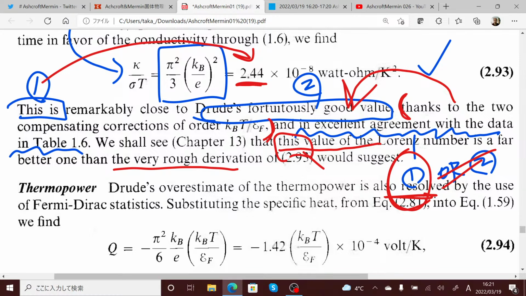We shall see in chapter 13 that this value of the Lorentz number is a far better one than the very rough derivation of 2.93 would suggest.